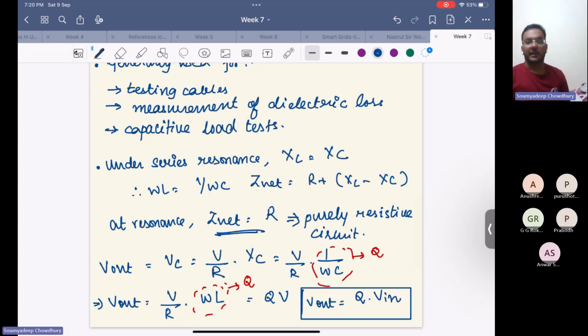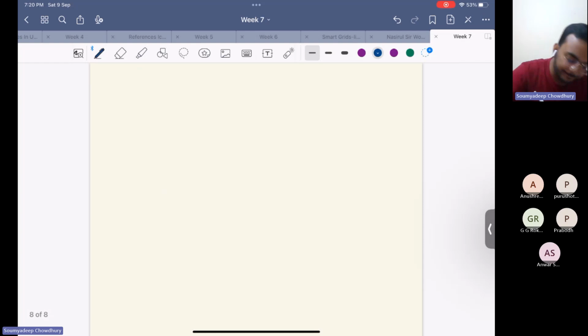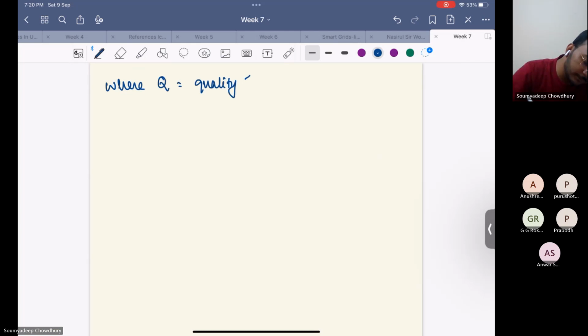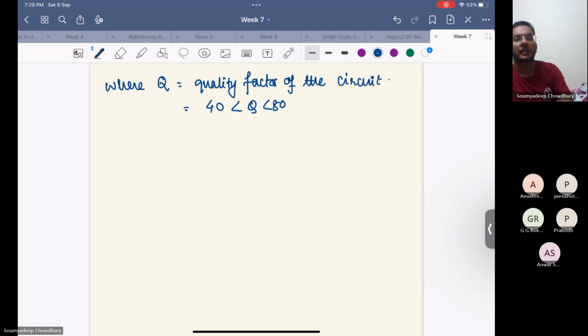So this quality factor we can adjust, right? Where Q is the quality factor of the circuit, and this range is typically from 40 to 80. So V out can now be varied.